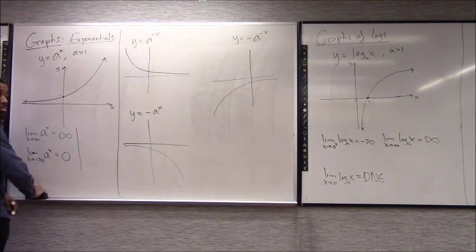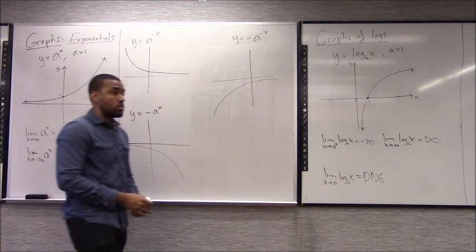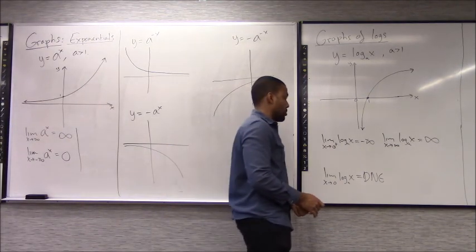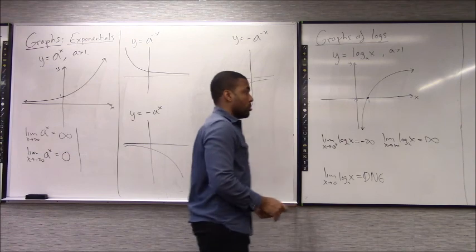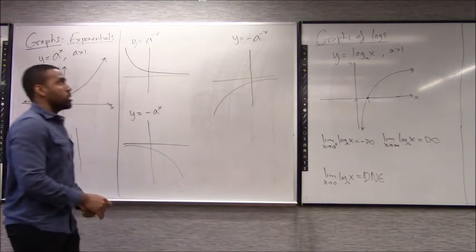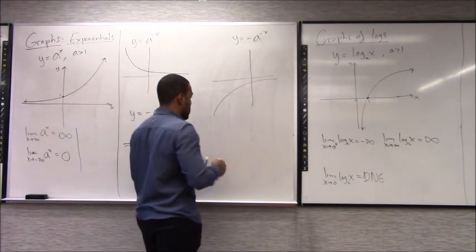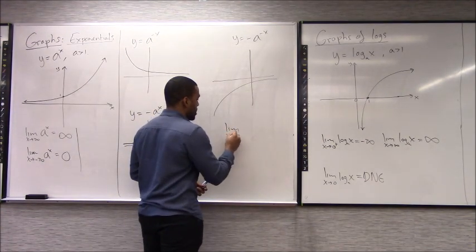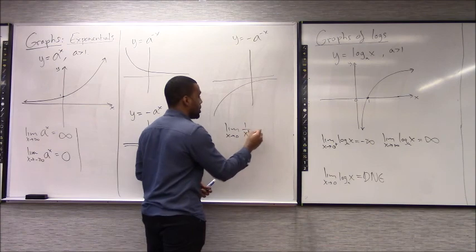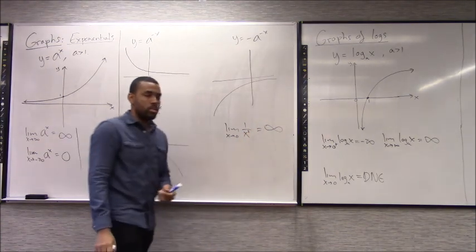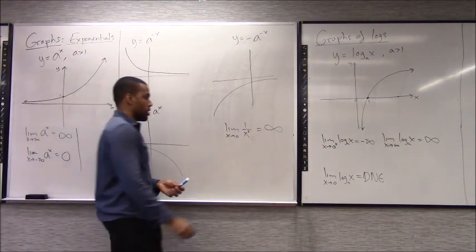Quick question, do you consider a difference between does not exist and undefined? No. But I do take infinite limits as existing. So for example, in this class, if I ask you what is the limit as x approaches 0 of 1 over x squared, I expect you to write down infinity rather than undefined.